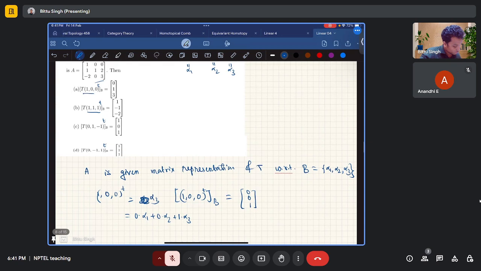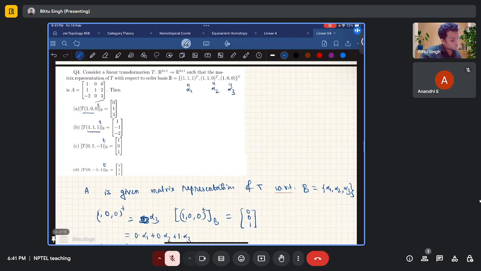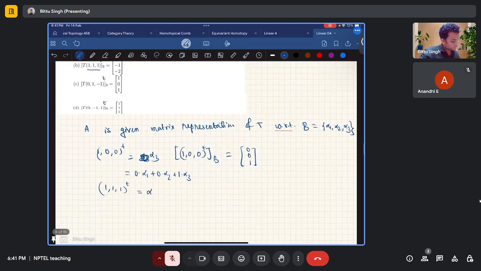Similarly, we can see coordinate of 1 1 1, it is 1 1 1 is actually alpha 1. So it is 1 times alpha 1 plus 0 times alpha 2 plus 0 times alpha 3. Therefore 1 1 1, coordinate of this with respect to B, this is 1 0 0.